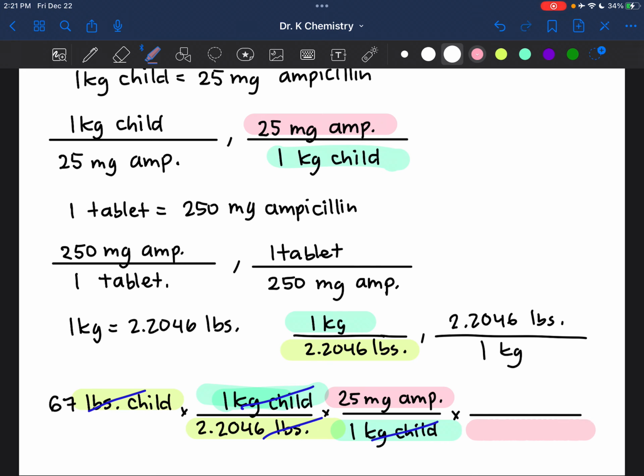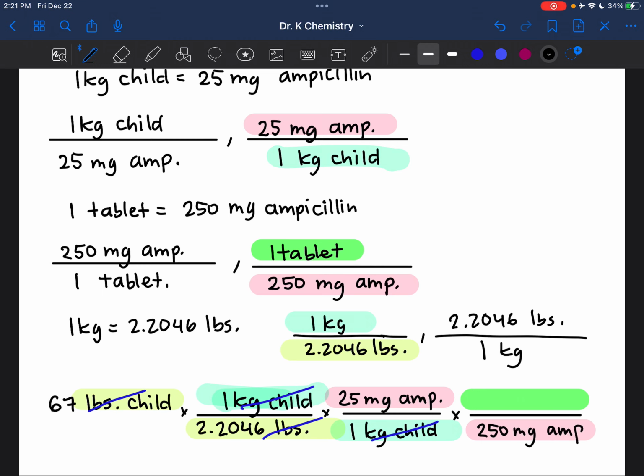And since here 25 milligrams of ampicillin are in the numerator, the milligrams of ampicillin will have to go in the denominator. And the connection between tablets and milligrams is that in every 1 tablet, there are 250 milligrams of ampicillin. Since we want milligrams in the denominator, this is the conversion factor we're going to use, the one that puts milligrams in the denominator and the number of tablets in the numerator.